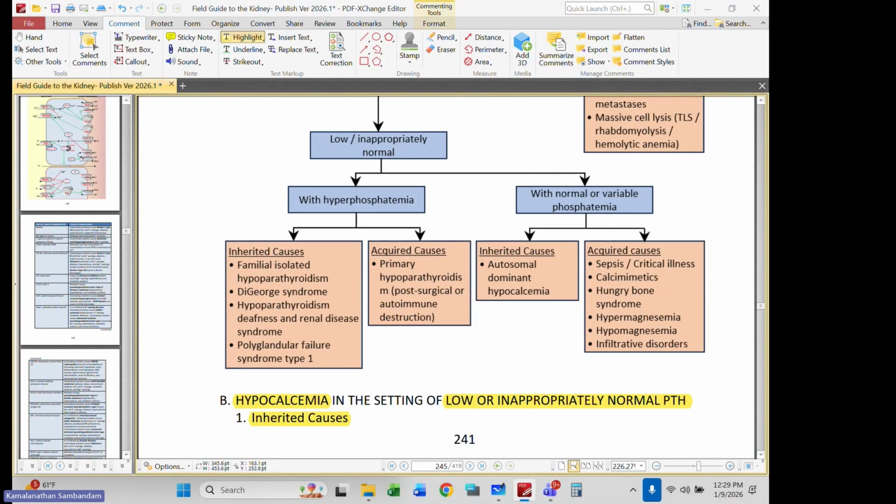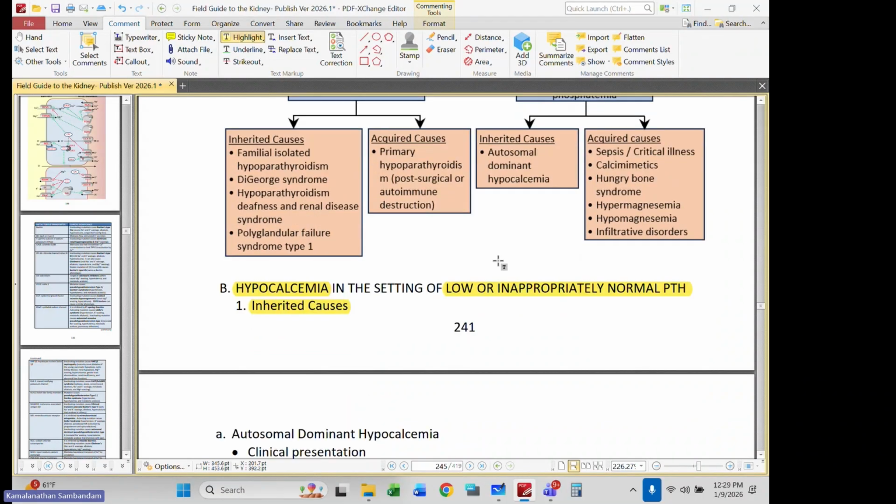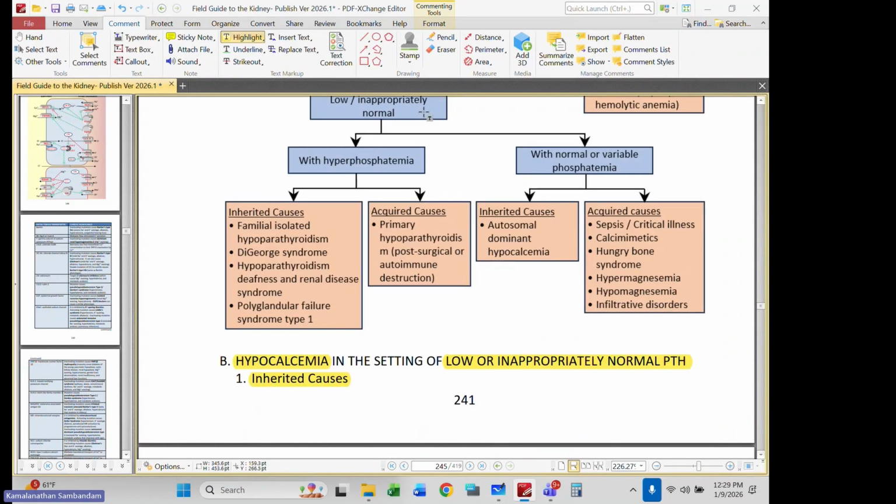Again, low PTH, and then we have phosphorus levels that are normal or, let's say, not predictable. Remember, PTH regulates phosphate excretion rates by the kidney, so you'll start to see a common physiologic explanation for the hyperphosphatemia here.